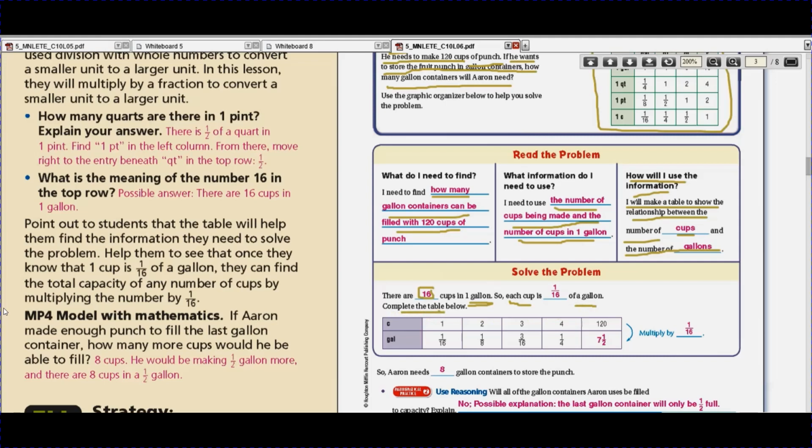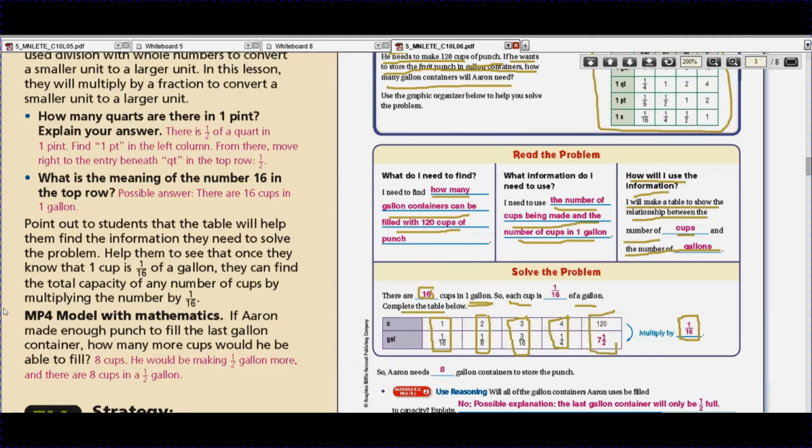So let's complete the table. 1 cup equals 1/16. 2 cups equal 1/8, because we are going to multiply each cup by 1/16 to get the number of gallons. 3 cups equal 3/16. 4 cups equal 1/4.